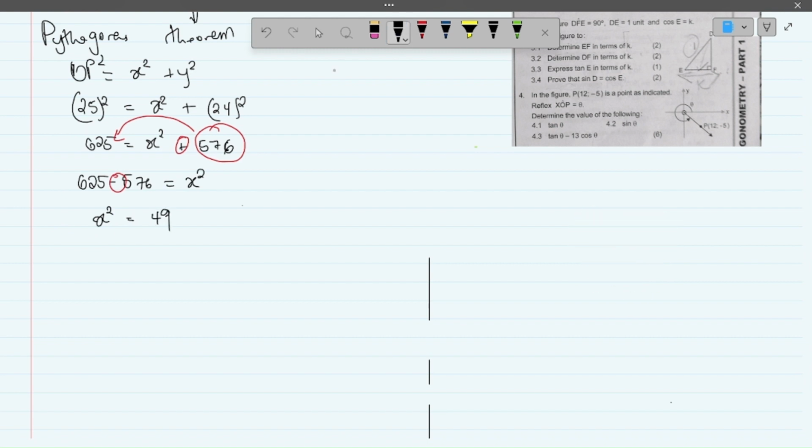We see 49 is a perfect square, so X squared minus 49 is equal to 0.